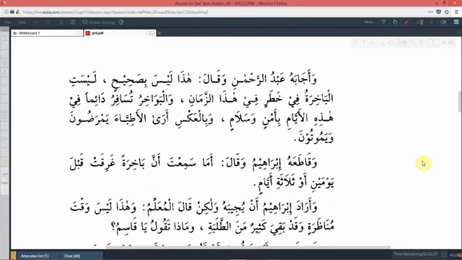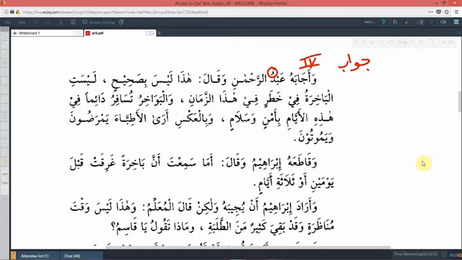وأجاب عبد الرحمن وقال. وأجاب, this is form 4 of what we had for jawab, jim wa ba, where we had jawab as an answer. Ajab means he answered him, he responded. وأجابه, and he responded to him, or he answered him, Abdurrahman, meaning Abdurrahman did the answering, the fa'il, because of the dhamma.